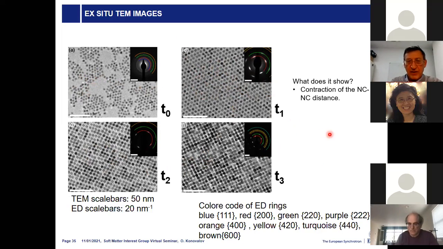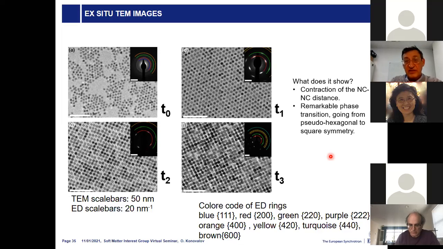Some of them appear, some disappear, which can tell us that these particles also have different orientations. But with this method, first of all, we see an already transferred sample. We don't know, maybe it is damaged due to this transfer, and also by scooping the samples at different times, we may miss some intermediate structures.